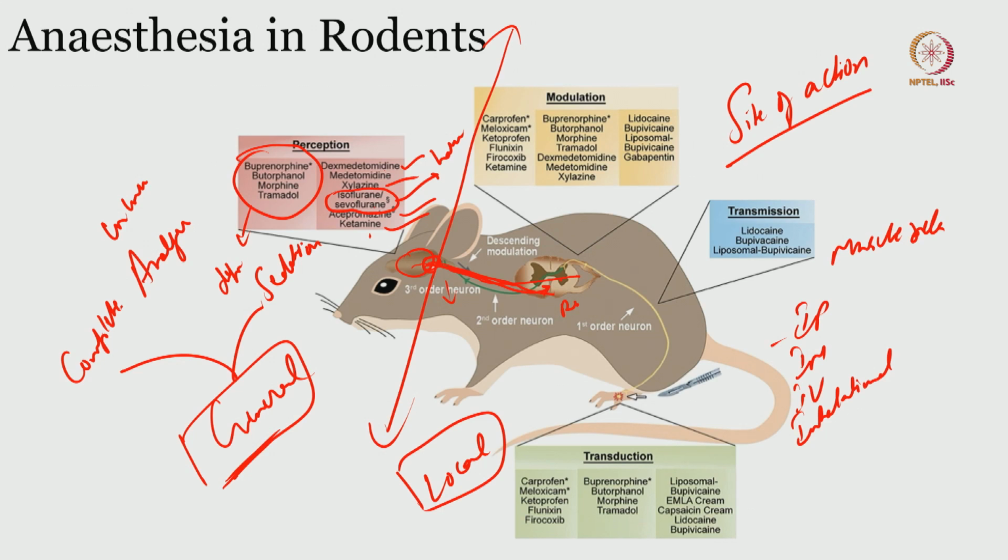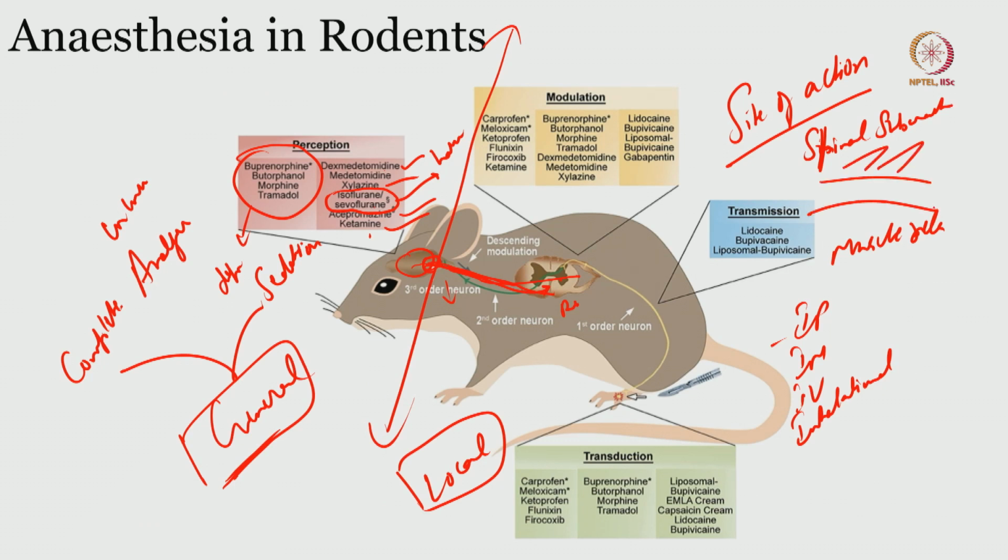And local anesthesia, if you can see, there are various drugs in the local anesthesia aspects as well. If the drug acts in the spinal subarachnoid space, so you all remember the spinal anatomy which we discussed. So there is the spinal subarachnoid space.